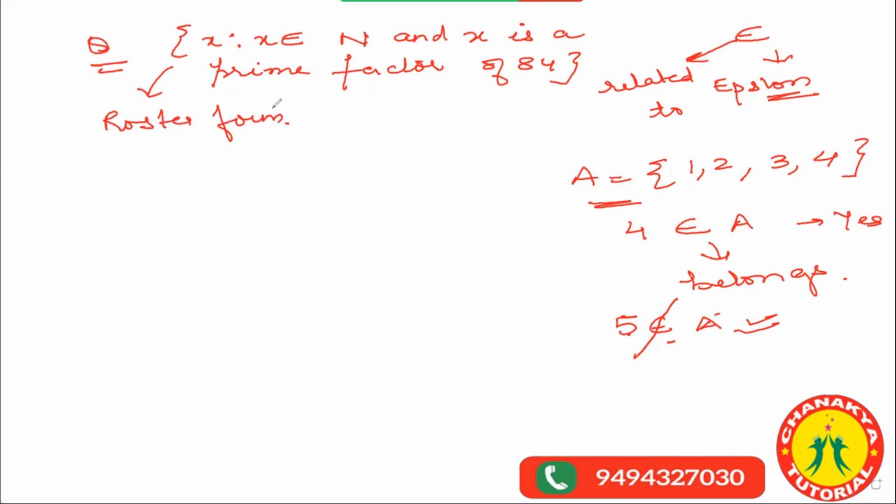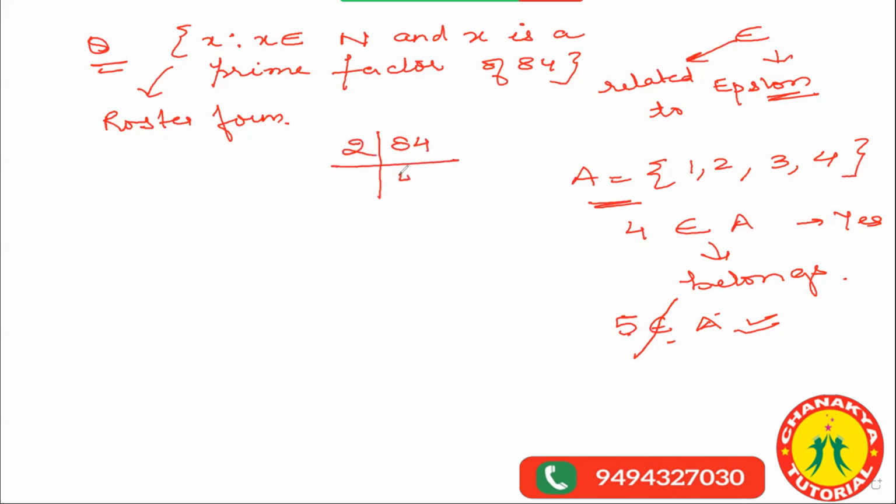Will you please tell me? You factorize 84 and write the prime factors. First of all, you will make factors of 84.